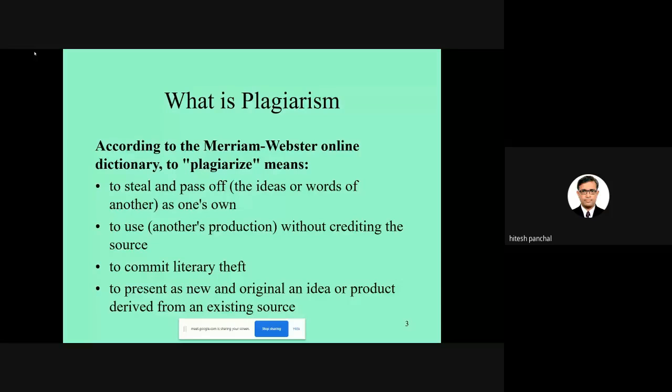That is called plagiarism. To use another's production without crediting the source, to commit literary theft, and to present as new and original an idea or product derived from an existing source. In this presentation, I will show you various types of plagiarism with some hands-on practice, so you can understand. What I wish is that you do not try such kinds of plagiarism in your research paper. This is only for your study.